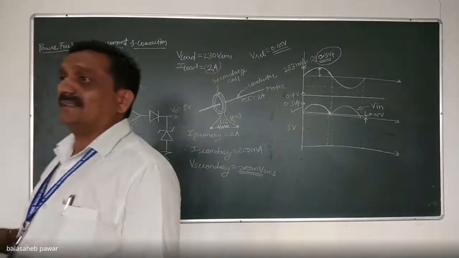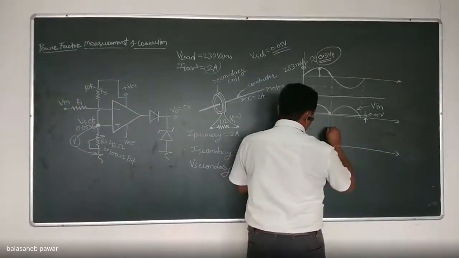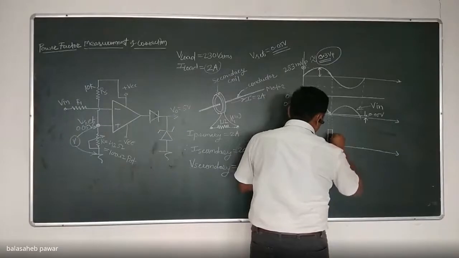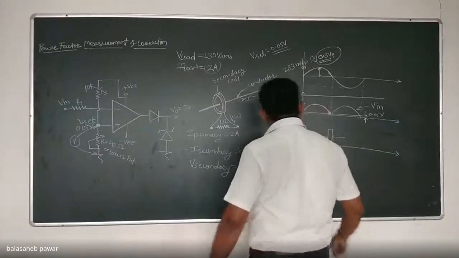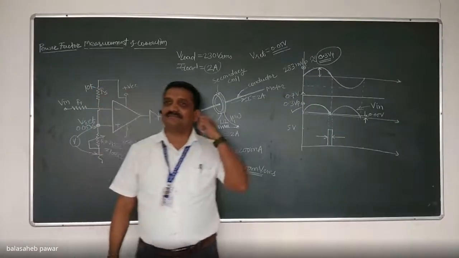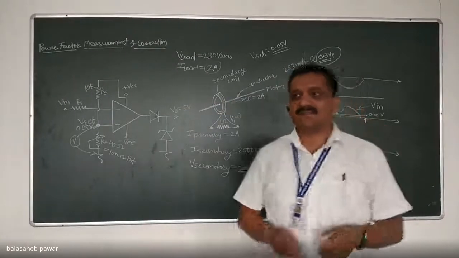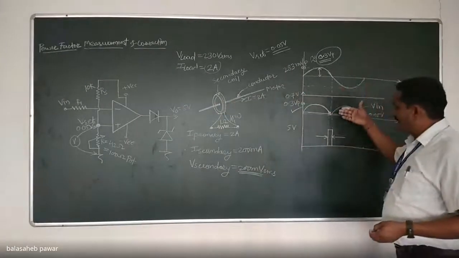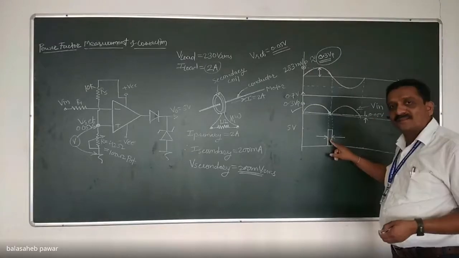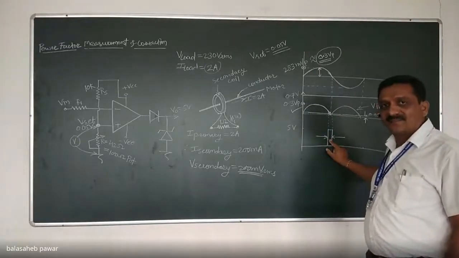Now the question is, can we obtain a pulse width of the same size as our previous voltage sensing? Are you getting my question? By using the zero crossing detector, first of all, can we obtain such a pulse?